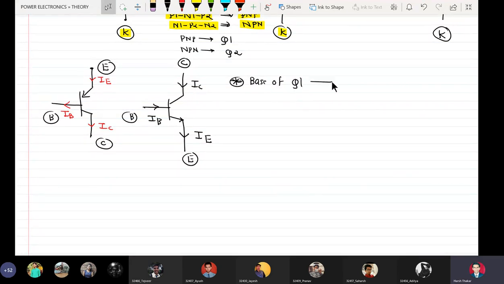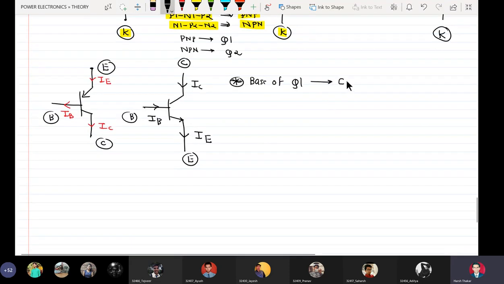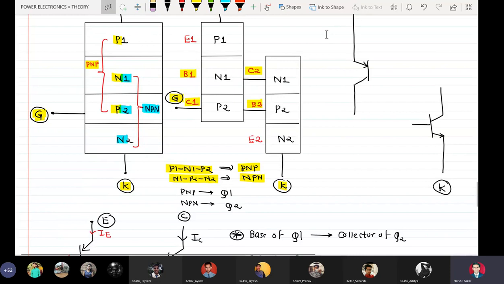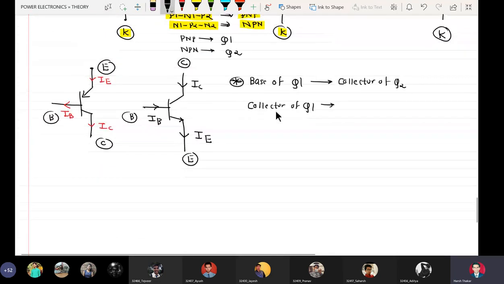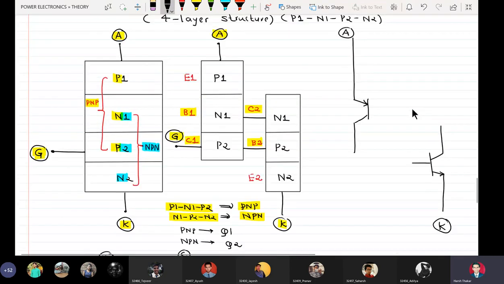Base of Q1 is connected to collector of Q2, and we can say the collector of Q1 is connected to base of Q2. Okay, fine.